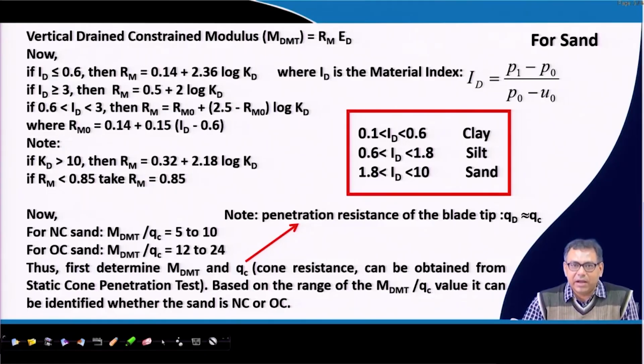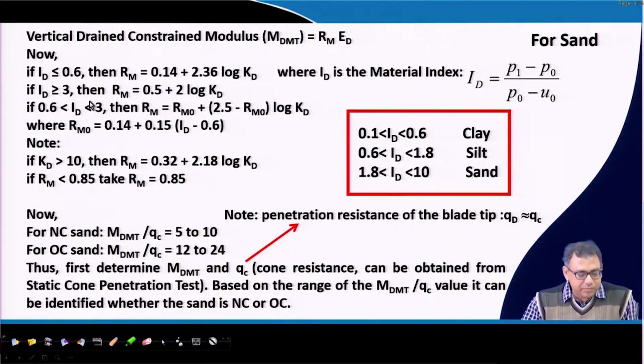I have already discussed the static cone penetration test. For normally consolidated sand, this MDMT divided by QC is within 5 to 10, and for over consolidated sand this value is 12 to 24.